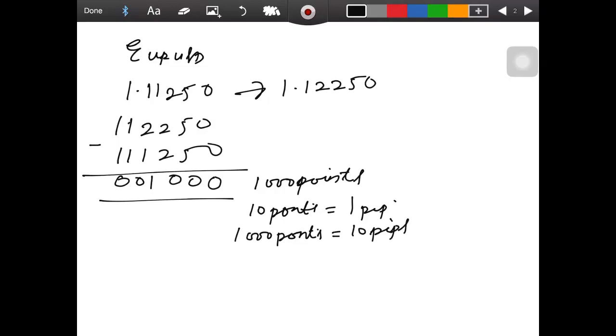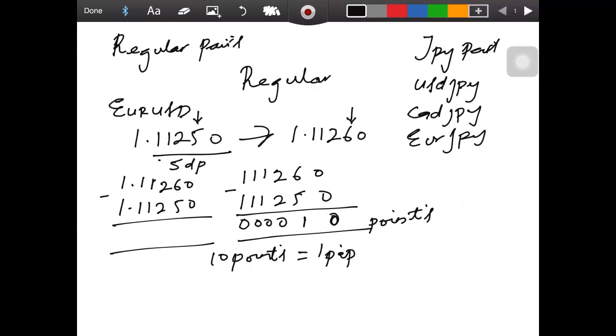So it simply means that the movement from 1.11250 to 1.12250 is equal to 100 pips. Now this is the way you do it as a beginner, but as an experienced person, you simply stay on the 4th decimal point here, as you can see, the 4th decimal point.